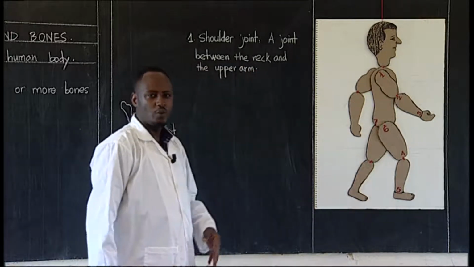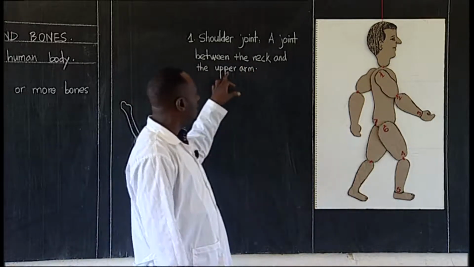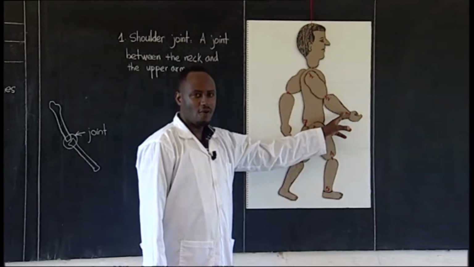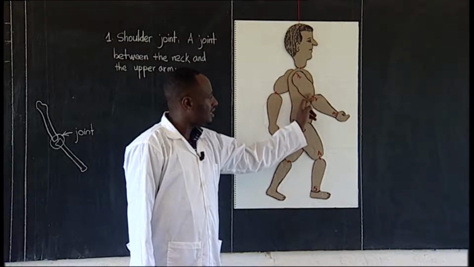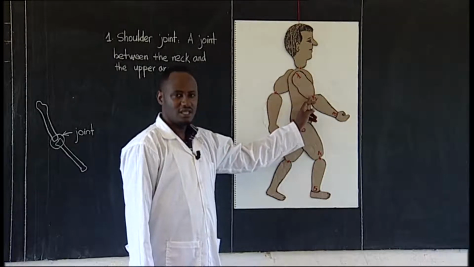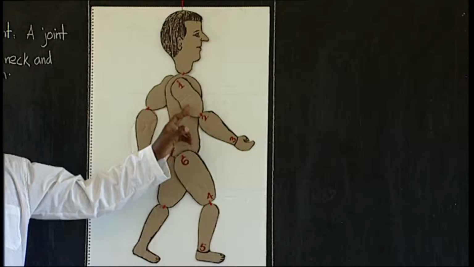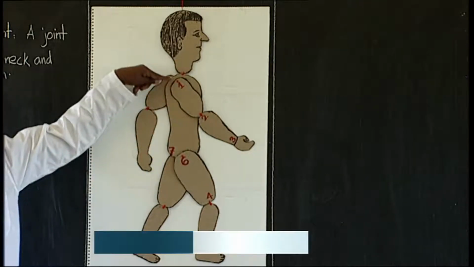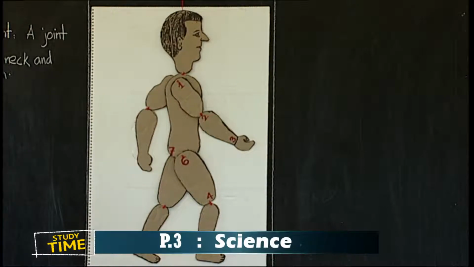The arm has two parts. That's why I'm saying upper arm. We have the lower part, which is known as the forearm, and we have this part, which is the upper arm. So that's why I'm saying it is between the neck and the upper arm. So that is the shoulder joint.